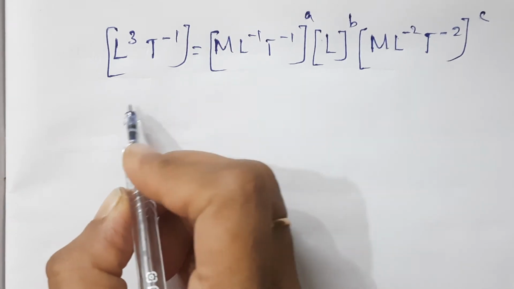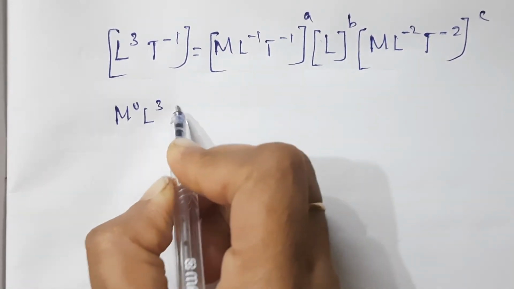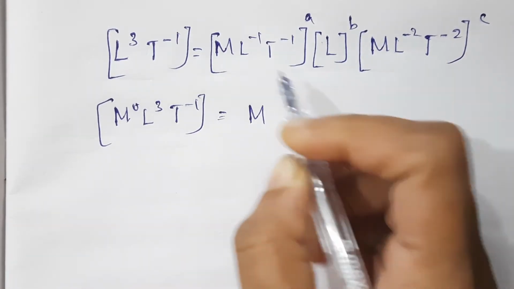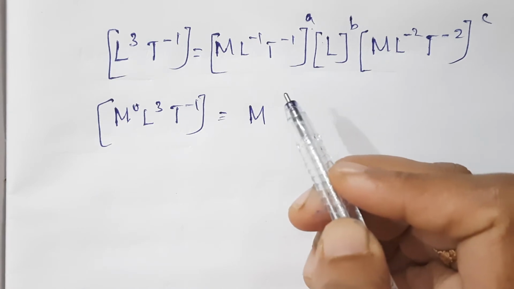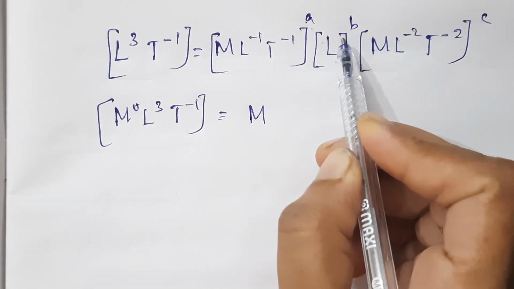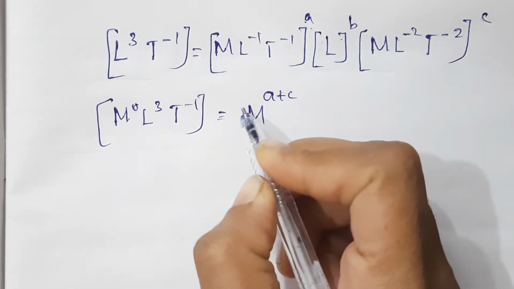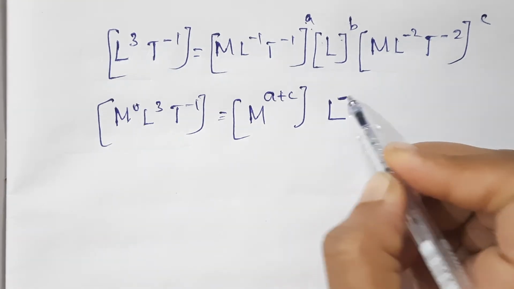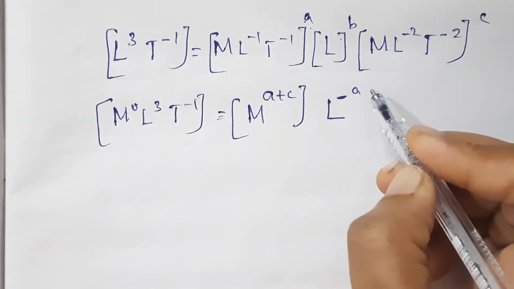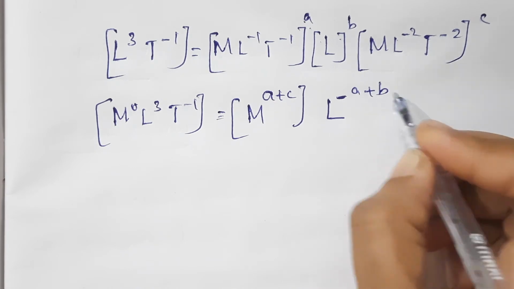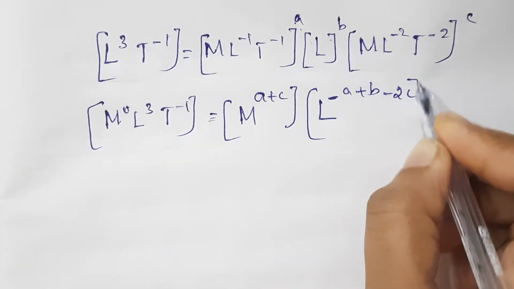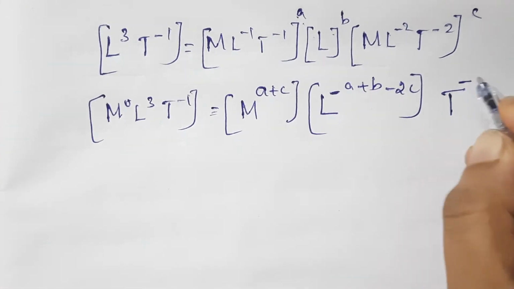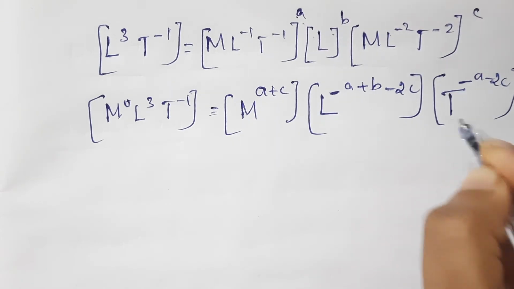There is no power on M on the left, so M power 0 L cube T raised to minus 1 equals M power A plus C, L power minus A plus B minus 2C, T power minus A minus 2C.